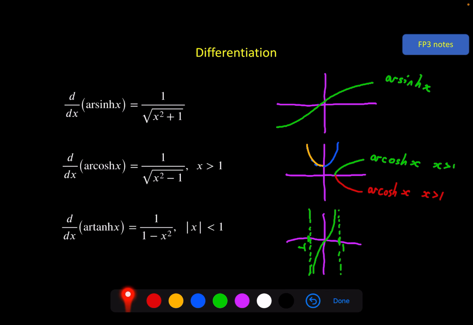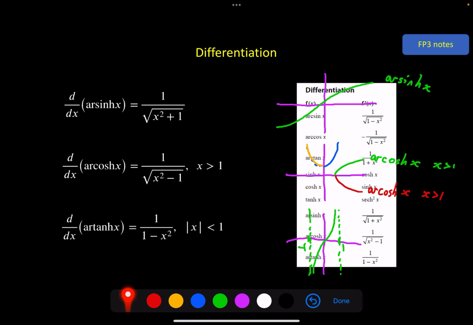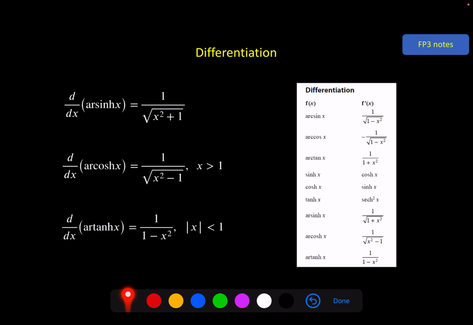So here are your three results. And over here, a bit of an explanation as to why the plus minus isn't here and why these restrictions are here. And again, these are on your formula sheet, so my graph is in the way. These are on the formula sheet down here.